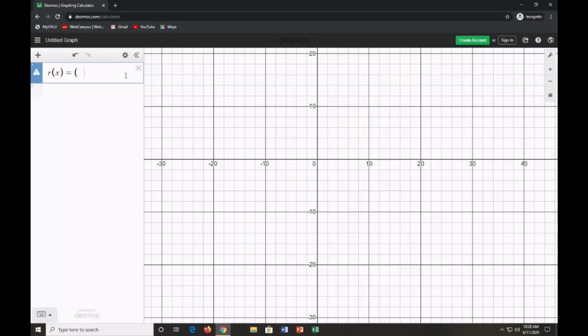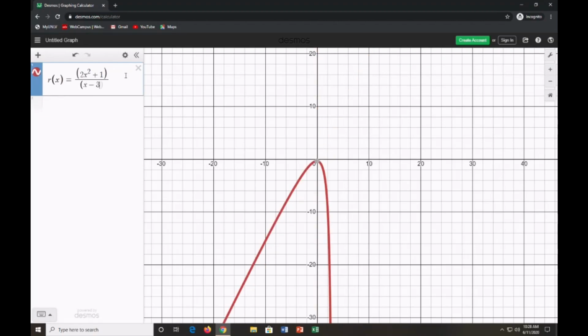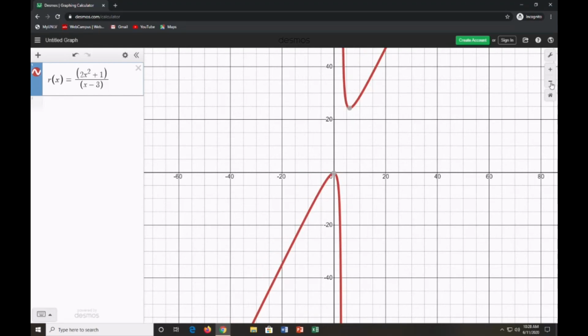Okay, so we are going to enter 2x squared plus 1 divided by x minus 3. Okay, you can see, let me zoom out.